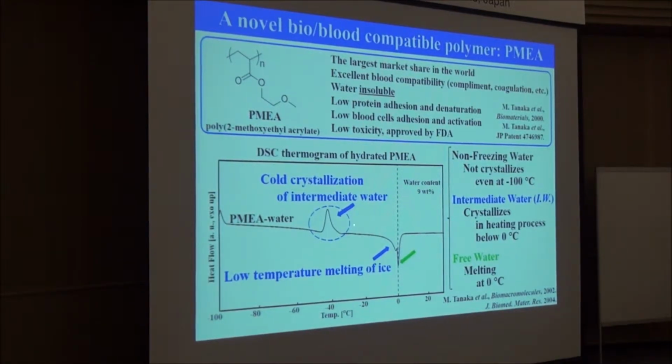You see here the heating curve of the PMA and water system. You see the cold crystallization of water here, and then on heating up again, the melting of ice below 0 degrees. And you also see the melting of ice at 0 degrees, very similar to bulk water.